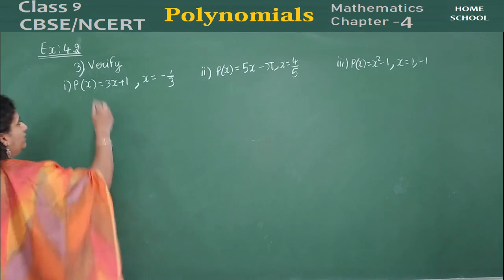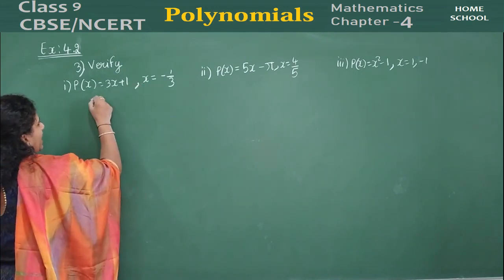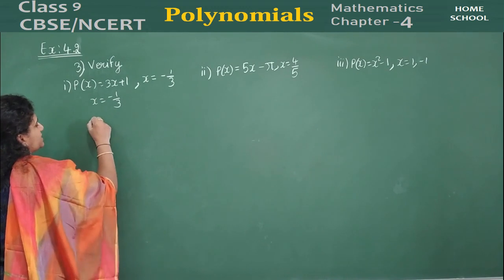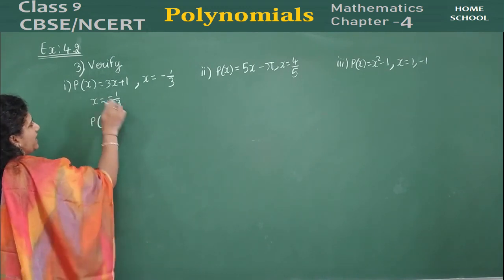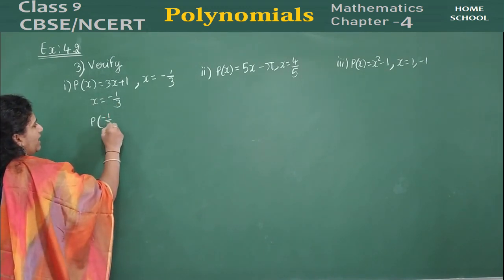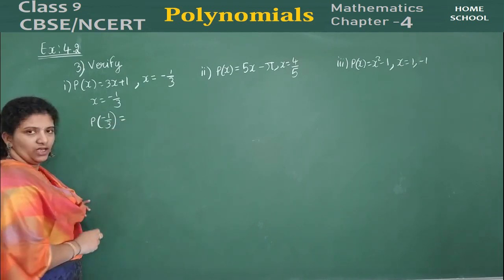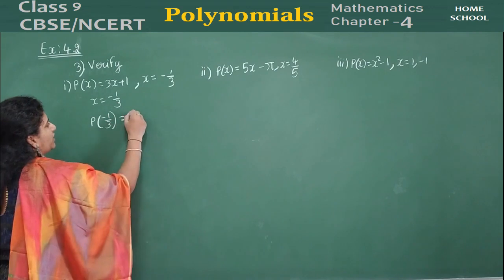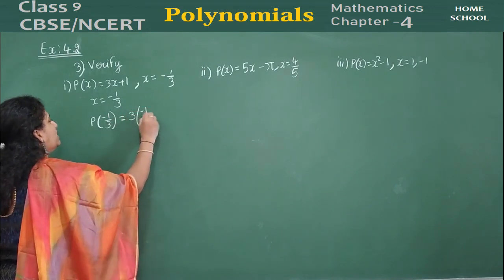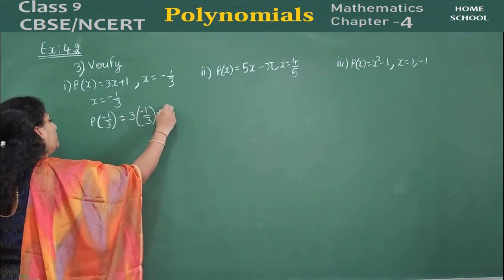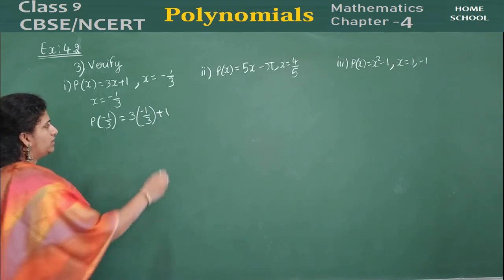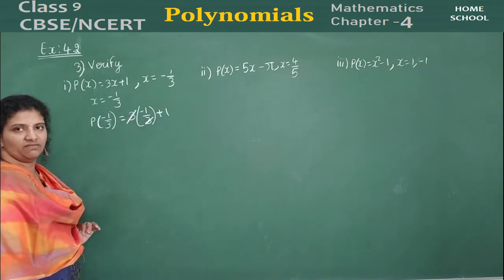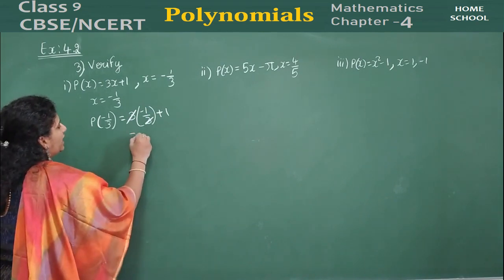Let's start here. x is equal to minus 1 by 3. On substituting in x's place, what do you need to write? Minus 1 by 3. Look here carefully. Wherever you have x, I am writing minus 1 by 3. 3 into minus 1 by 3 plus 1. This denominator and numerator 3 will be cancelled. What are you left with here?